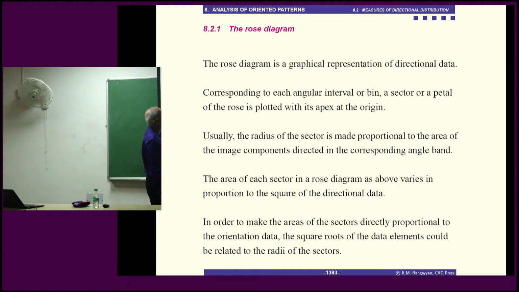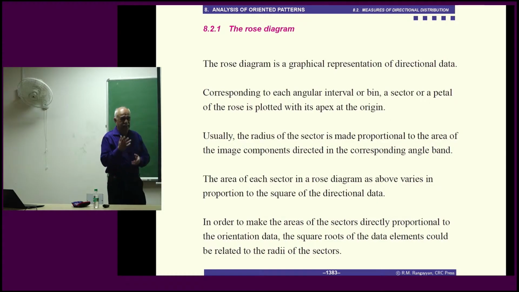So the radius could be made proportional to the area of the image components, or the area of each sector could be made proportional to the square of the directional data, depending on what you want to represent and how you want the Rose diagram to look.